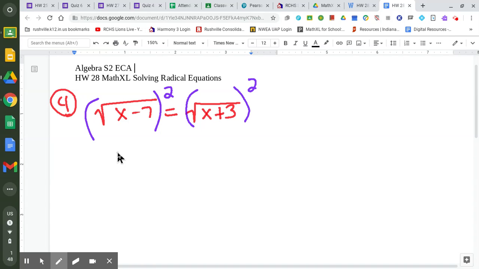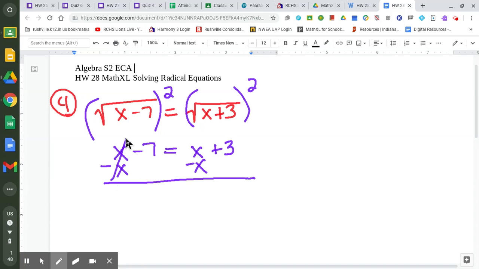When you square a square root, the square root box goes away. I need to solve for x, so I'm going to do minus x on both sides of the equal sign. And when I do that, I get -7 equals +3, which is not possible, so this is no solution.